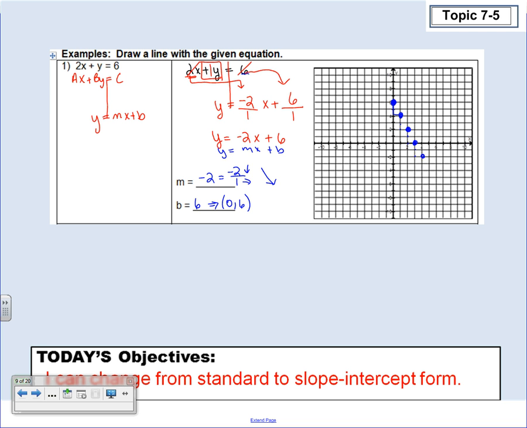And we will continue that throughout the graph. I'll repeat the pattern on the other side to get my others. So sure enough, we do have a line that is decreasing, and we have now graphed our line.